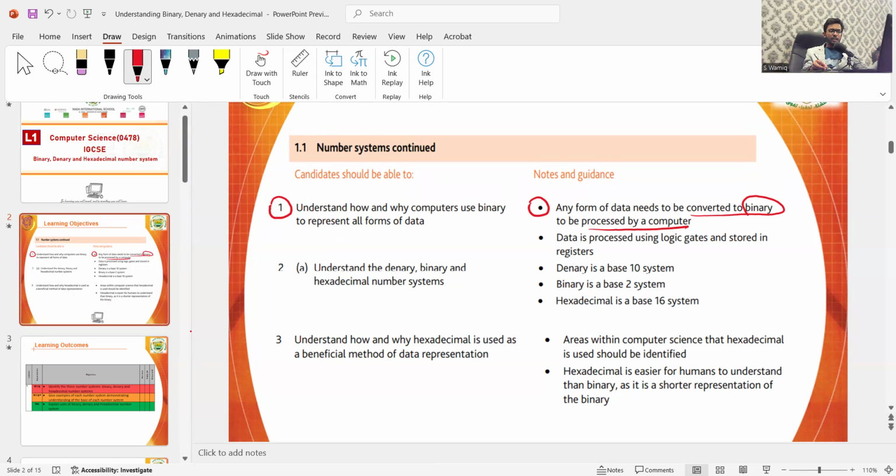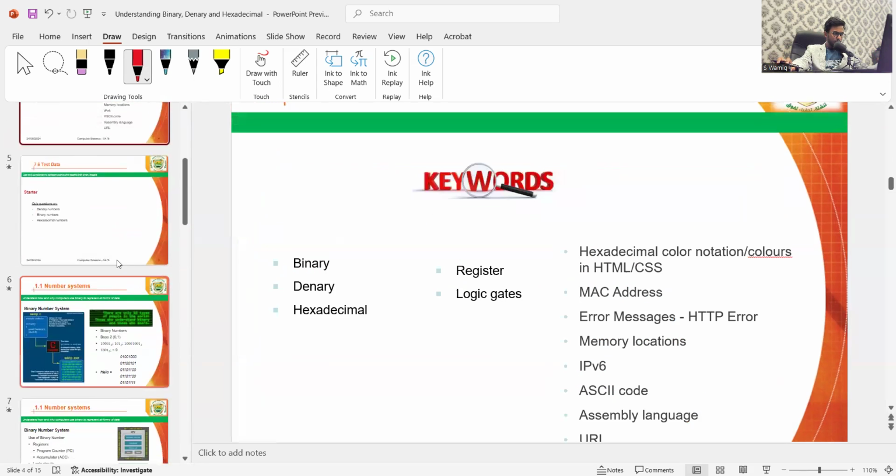Other than that, we need to understand these three number systems.